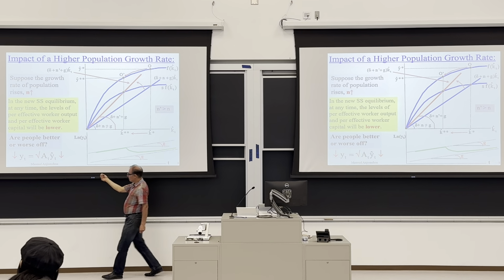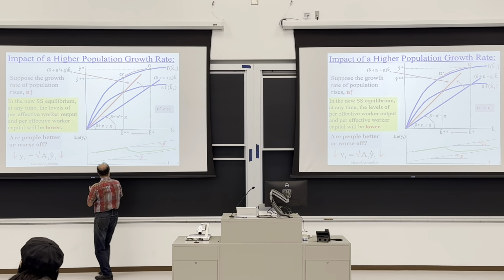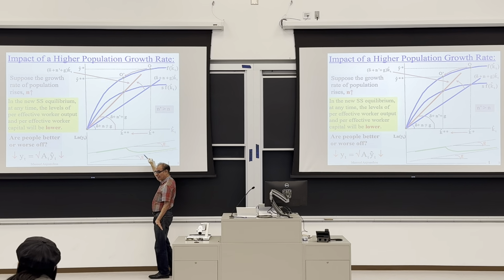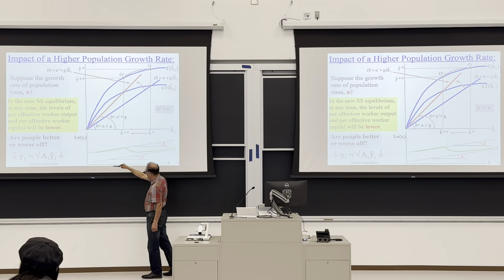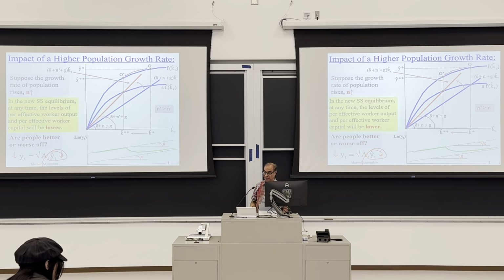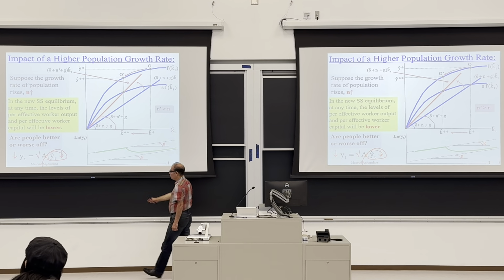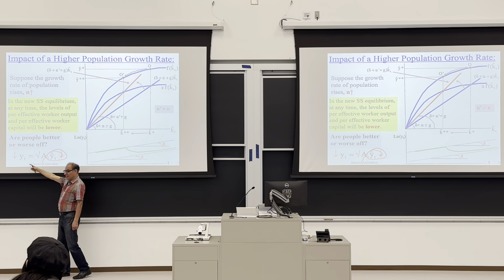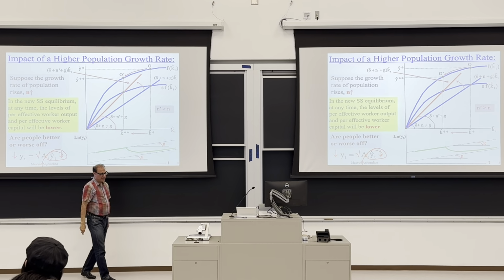Okay, but because y hat is going down, as you can see, output per capita goes down at any point of time. You see that? So people are worse off at any point in time. So again, from the graph point of view, the graph shows only this part. But from a welfare point of view, we are interested in little y. So you have to be careful how you interpret that.